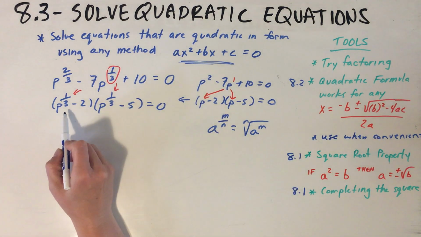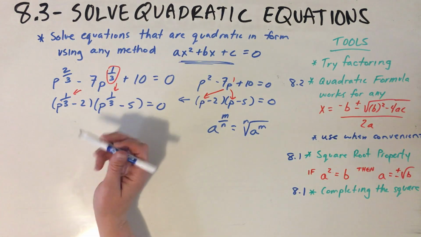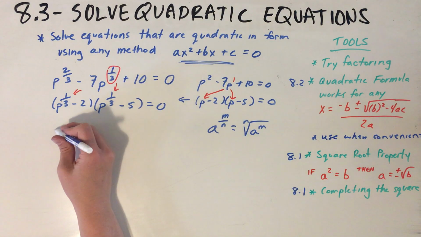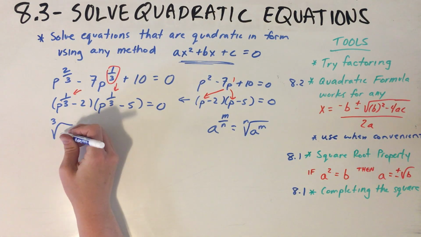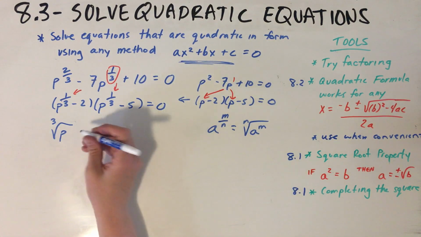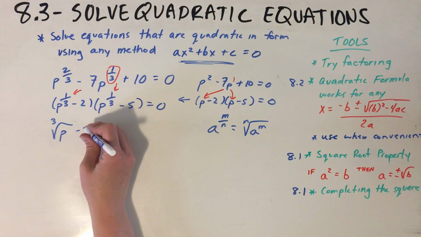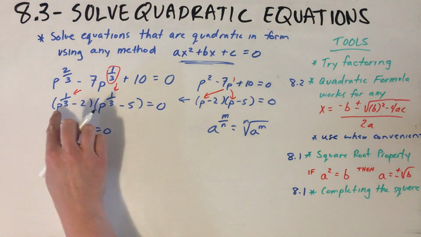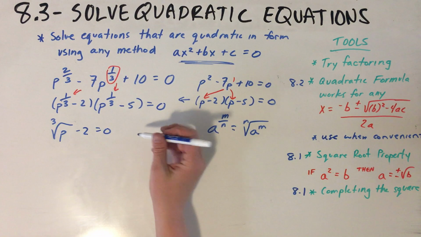That's what I'm going to do here. I'm going to say p to the 1/3 is actually the same thing as the cubed root of p. Sweet. So I've got the cubed root of p minus 2, and that's going to be equal to 0 because I'm setting this factor equal to 0.